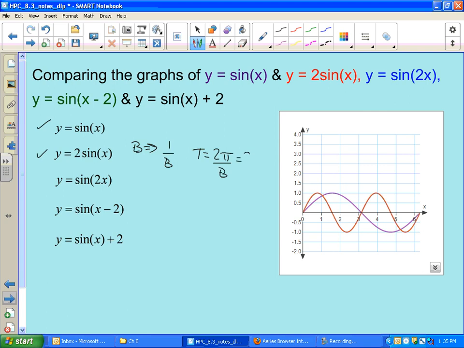In this case, if my B was a 2, we saw how my graph's period, normally 2 pi, shrunk by a half to only pi. So that's why we're seeing 2 cycles of this sine curve between 0 and 2 pi now, because I'm only using pi as a period versus 2 pi.